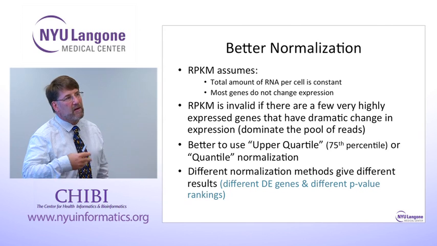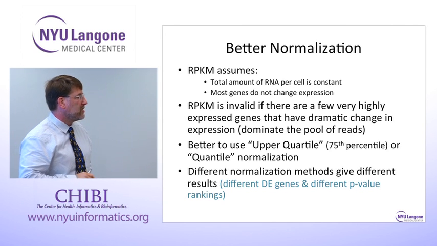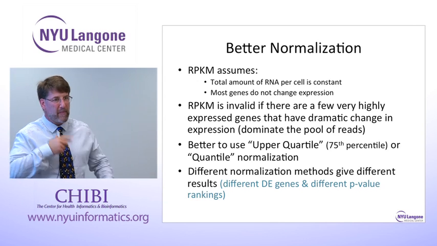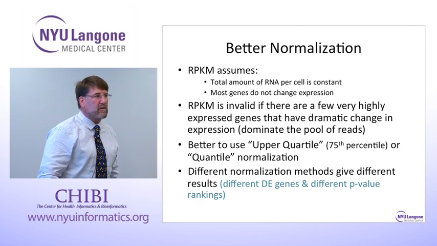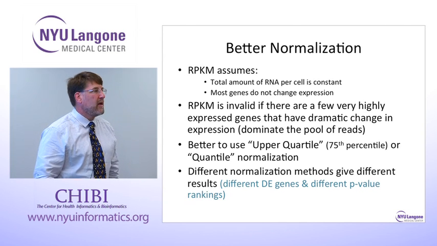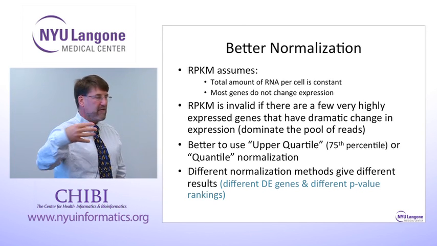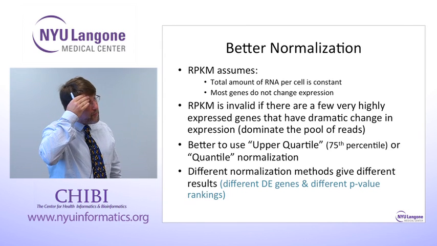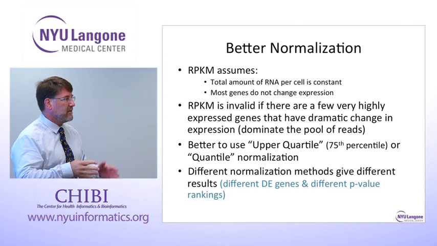How that affects your data? Well, the genes that change expression a lot are going to squash the genes that don't change expression much, and you're going to bias your calculations. There's also the situation where just a few genes have a very dramatic change. A few high-expressing genes have a very dramatic change. And the problem here is that, unlike microarrays, RNA-seq is a zero-sum game.